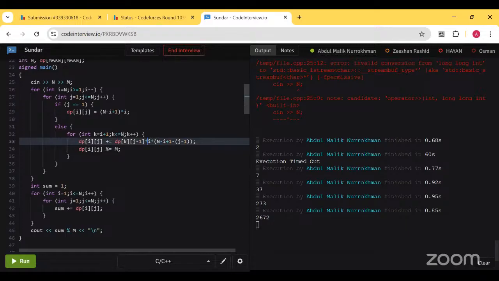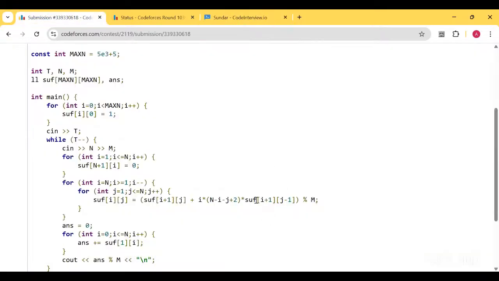And then multiply with suffix I plus 1, j minus 1, right? Okay, so this is the value of DP. If we know the value of DP, then suffix[I][j] means suffix[I plus 1][j] plus DP, modulo m, of course. So it is only n squared.